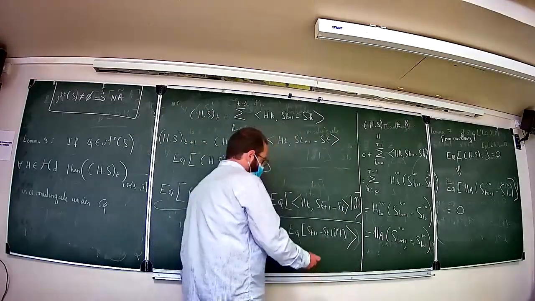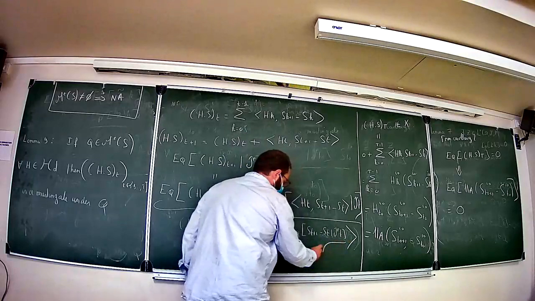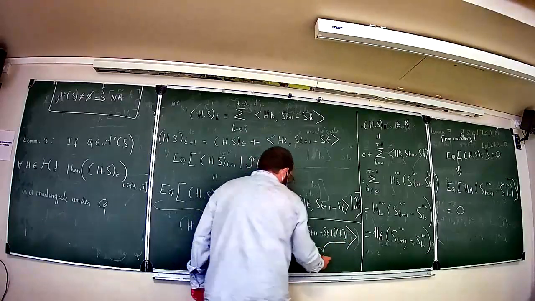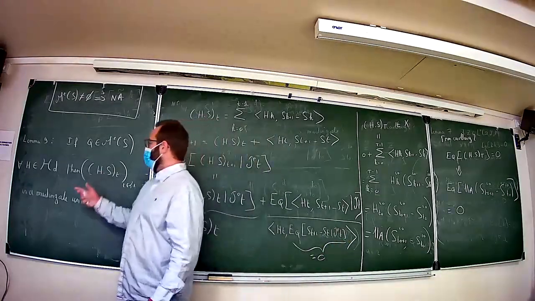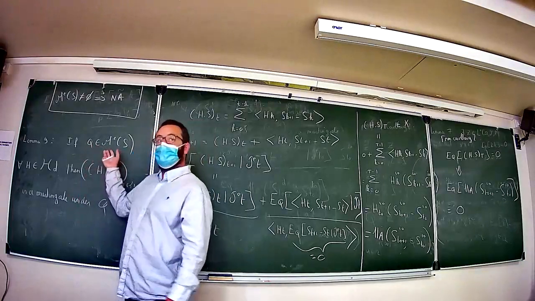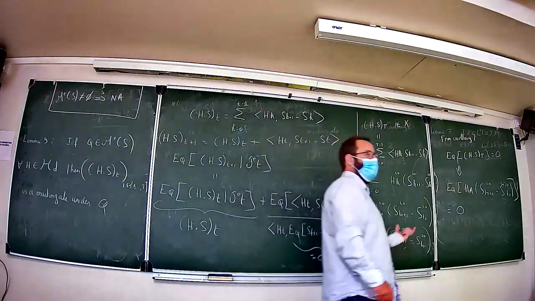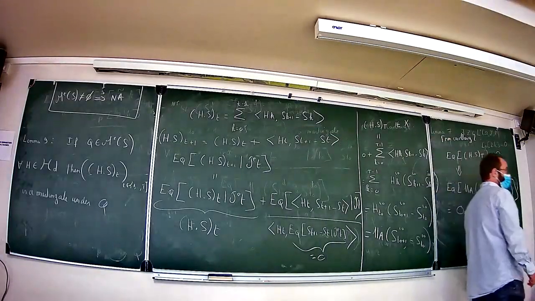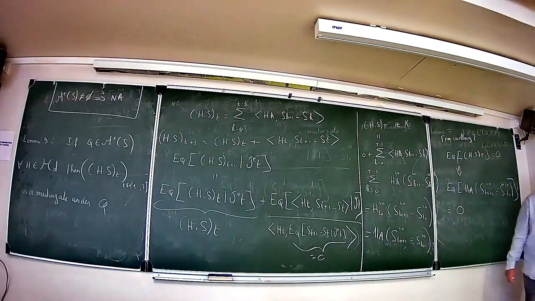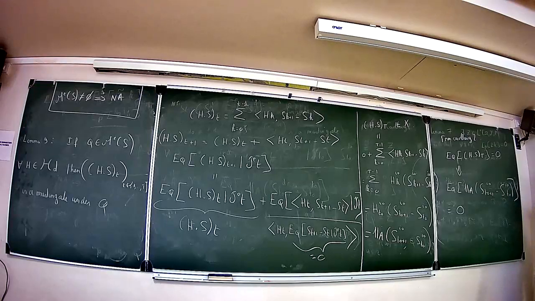And what I have inside here is 0, because Q is an equivalent martingale measure. So it means that the actualized value of the risky assets is a martingale under Q, and so my conditional expectation here is reduced to 0.